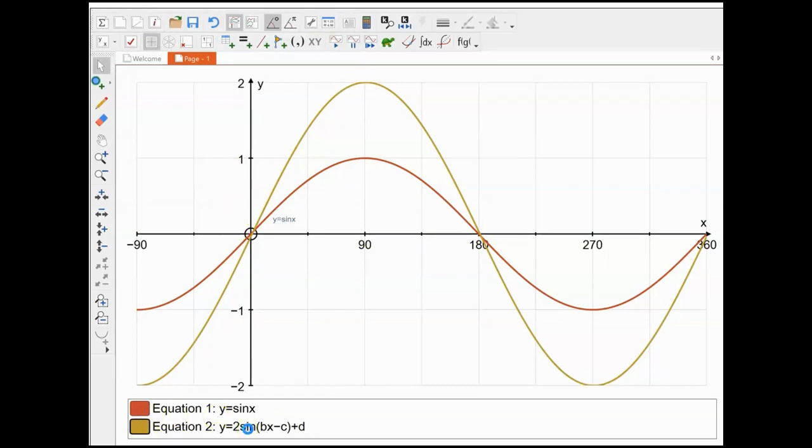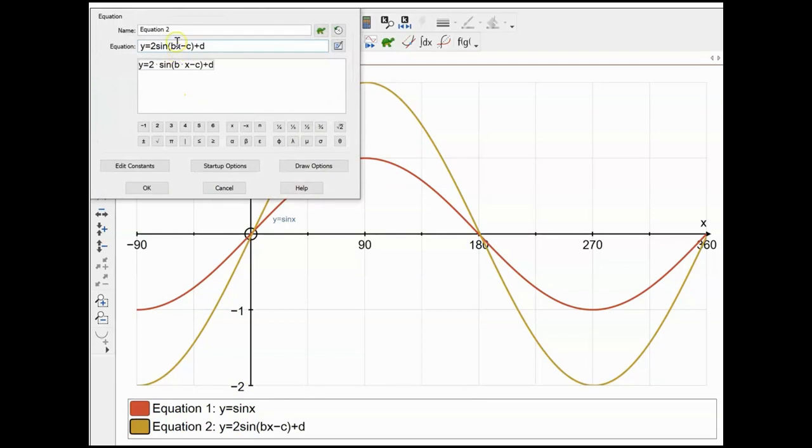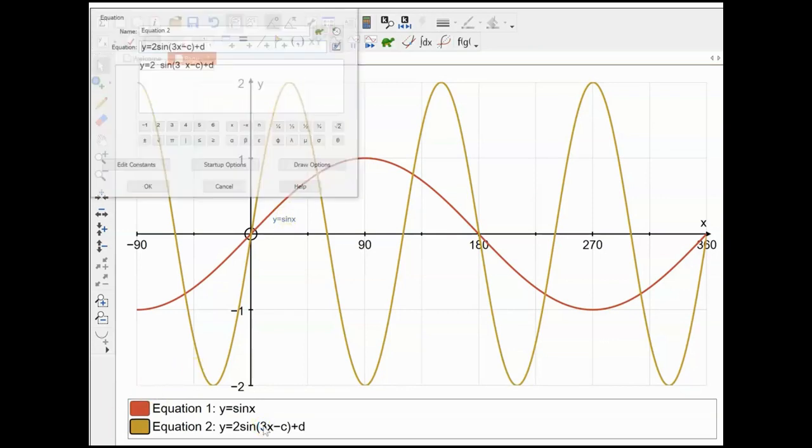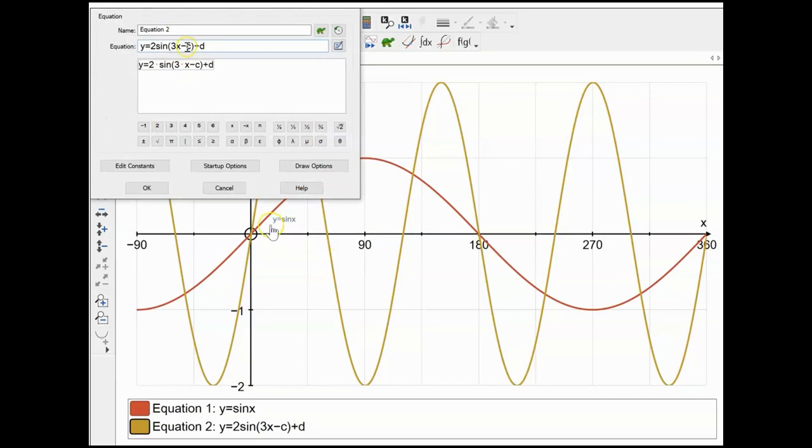Now if I'm going to be replacing B this time by a constant 3, we should expect the graph to be compressed by a third, which it has. So you can see the change, the transformation from the original red default graph into our brown colored graph.